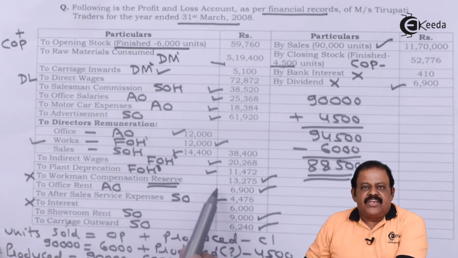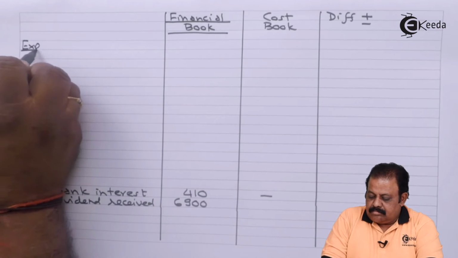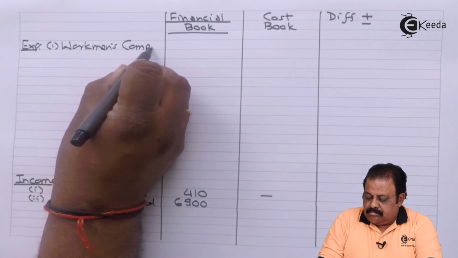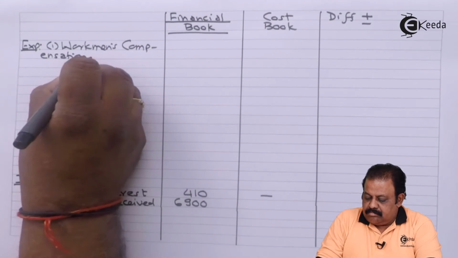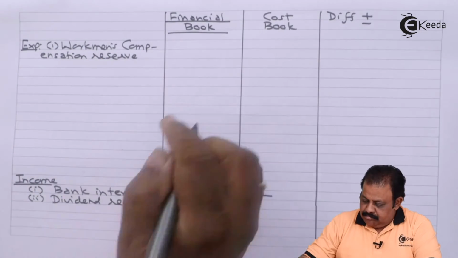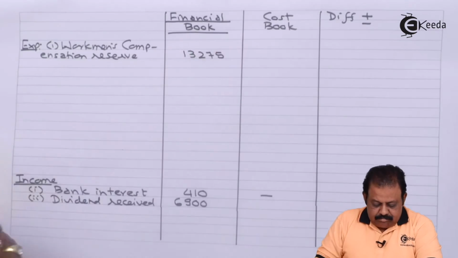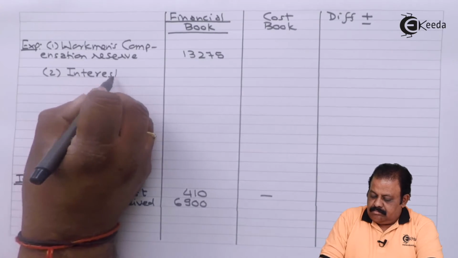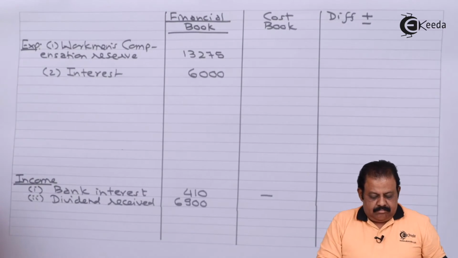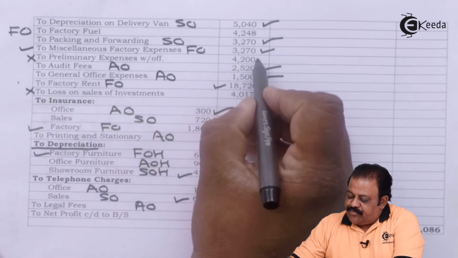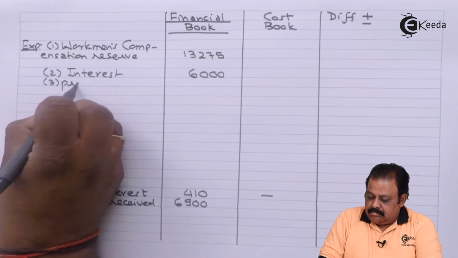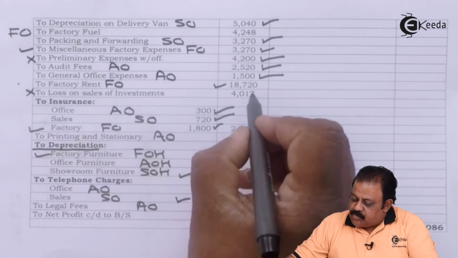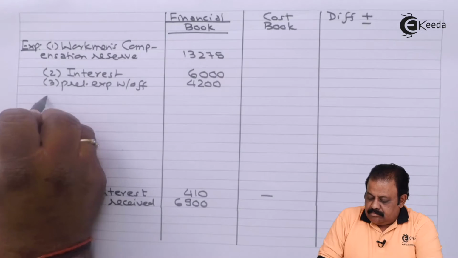This is recorded only in financial book. Interest paid 6,000. Preliminary expenses written off 4,200. Loss on sale of investment 4,017.